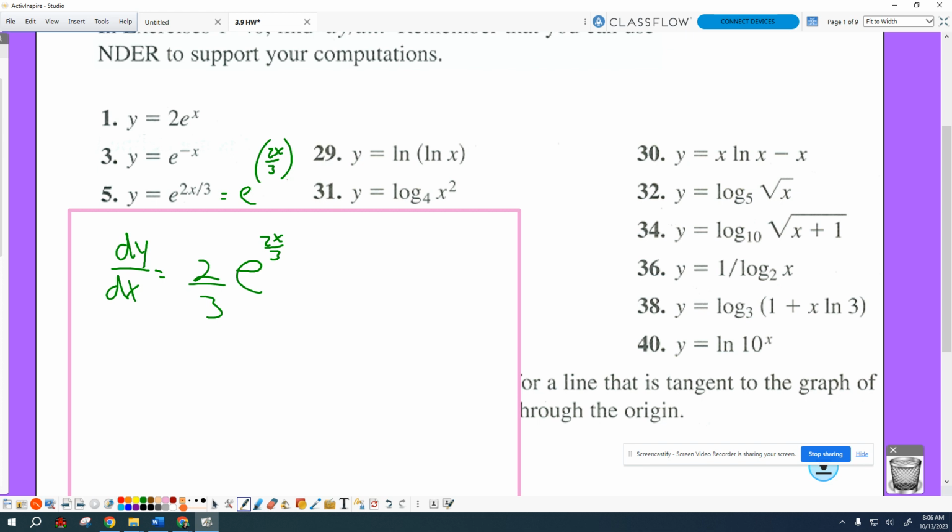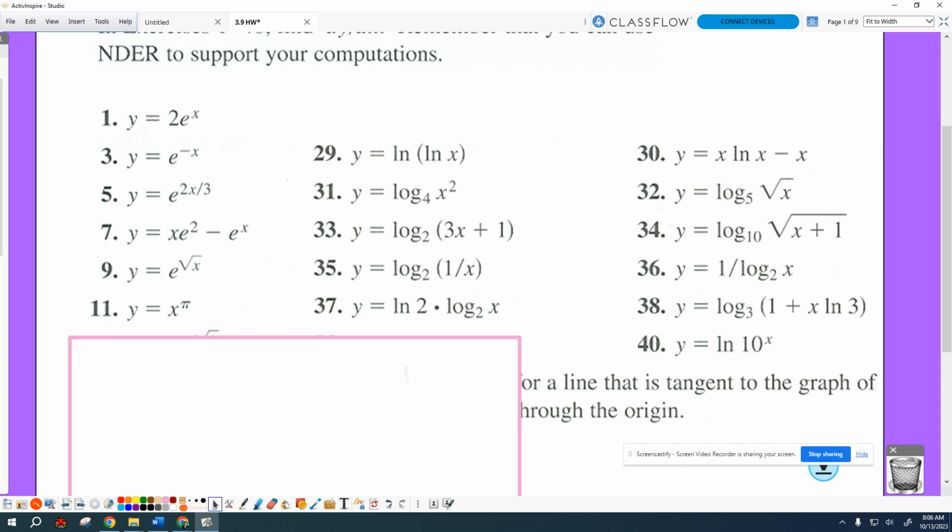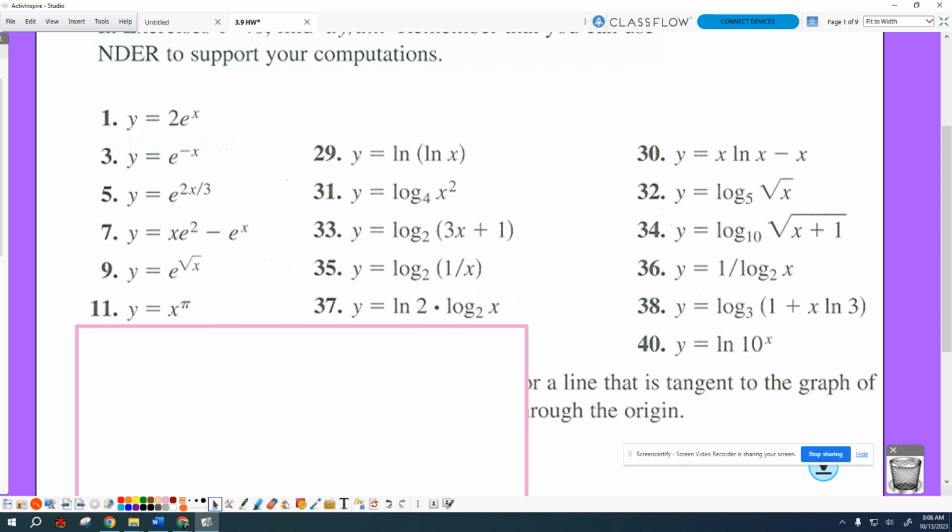There is one on here that's weird. Only one. Lily, what's 11? Pi is about 3, right? Yeah. So how would you do the derivative of x to the third?